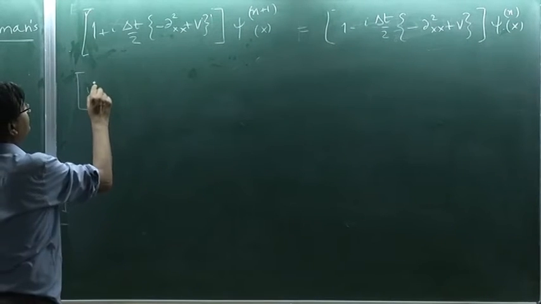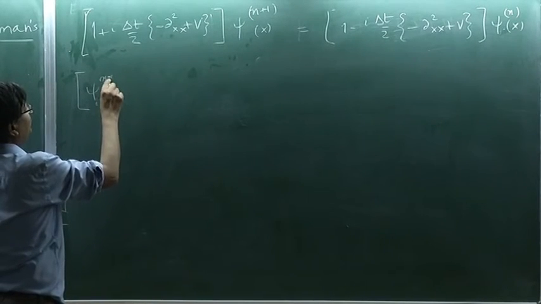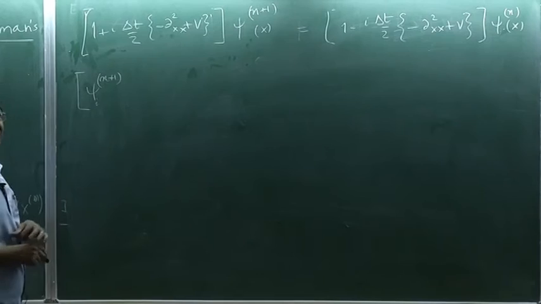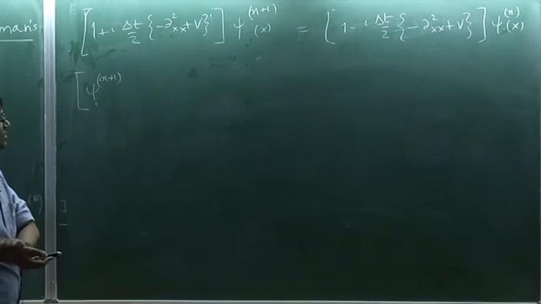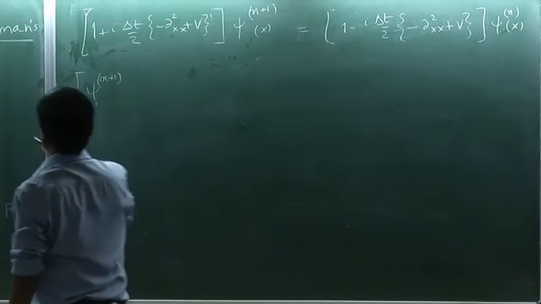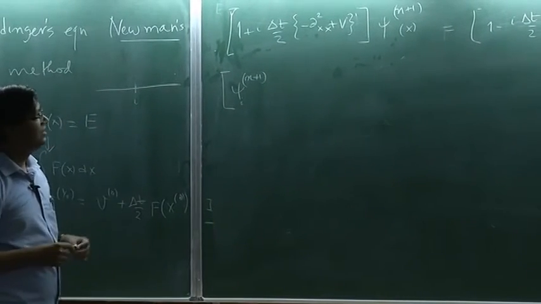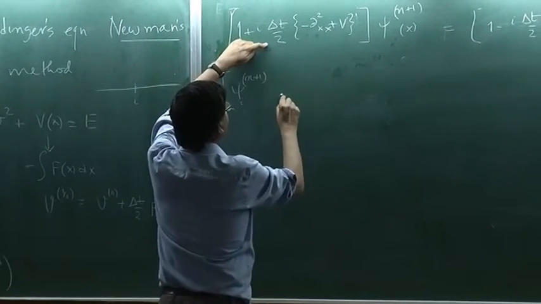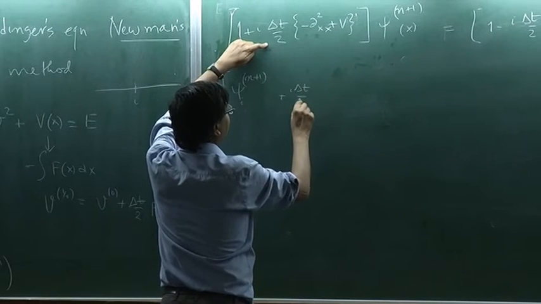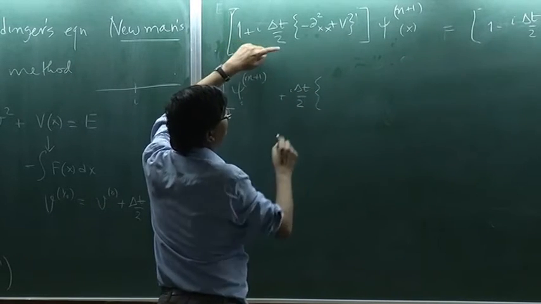So the first term will be ψ of i, n plus 1, space discretization. I hope it's clear to everyone. So I am looking at this position i. Now what about this one, i Δt by 2? What happens to the second derivative?